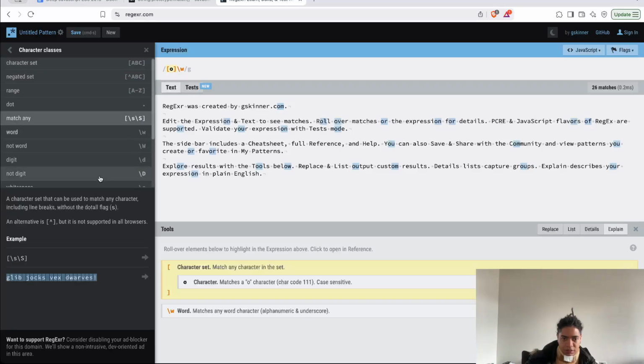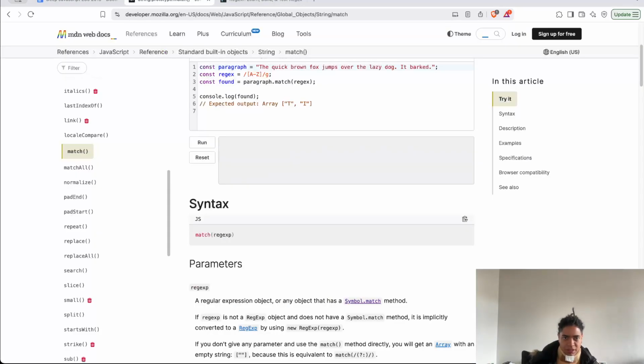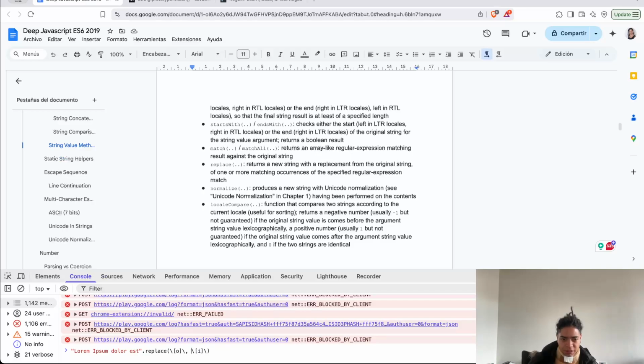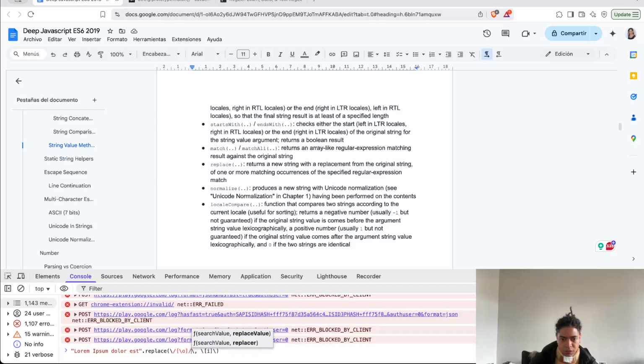So we want to say, match any character here, and replace that with the letter I.